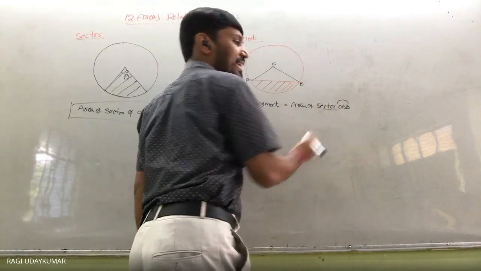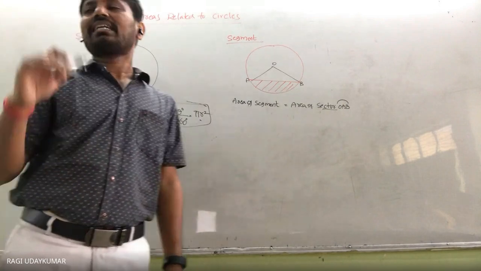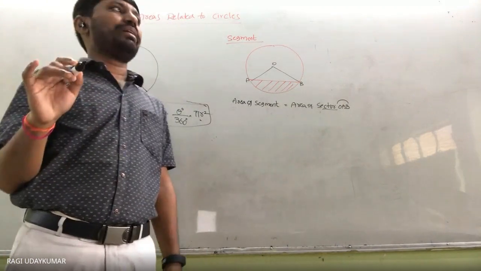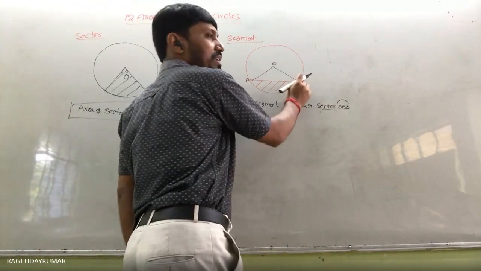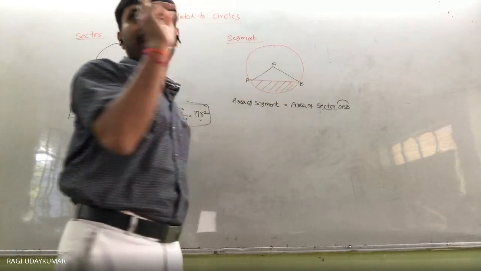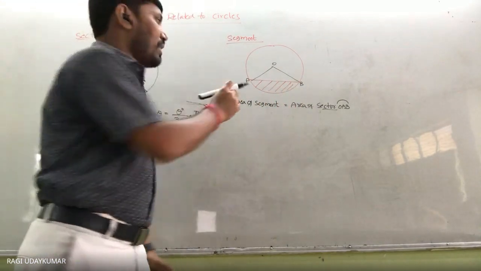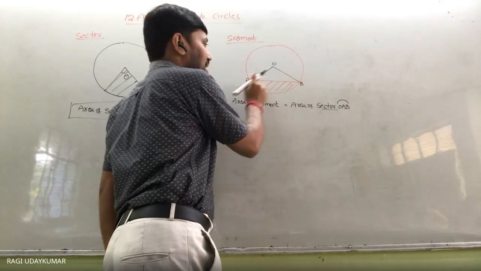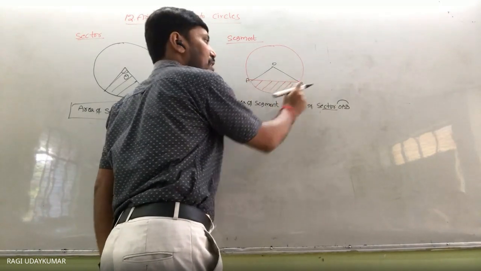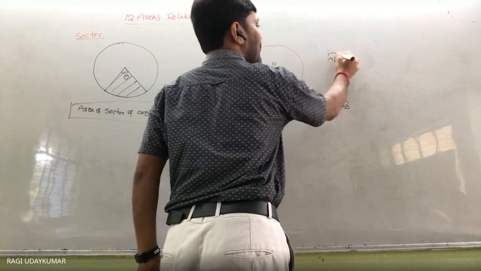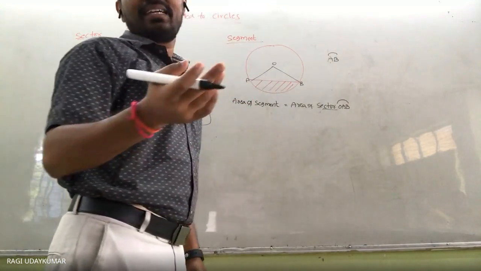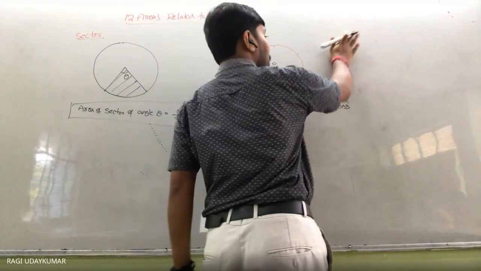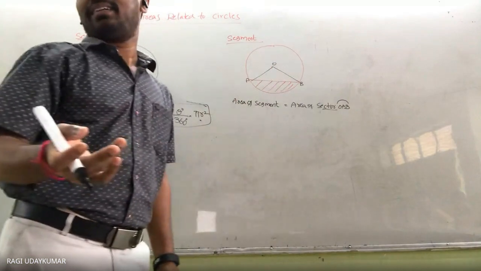Sector we are mentioning here. Arc also we are simply mentioning, from these 3 points to 2 points. If you are taking only 2 points, A and B, we write AB. Minor arc, major arc. 3 letters if you are taking, including the center, is the sector.